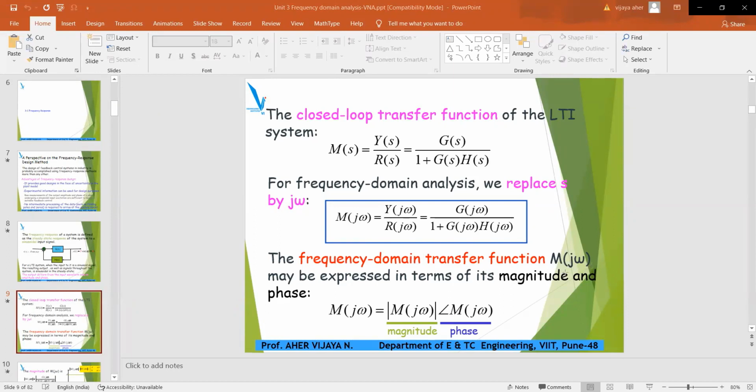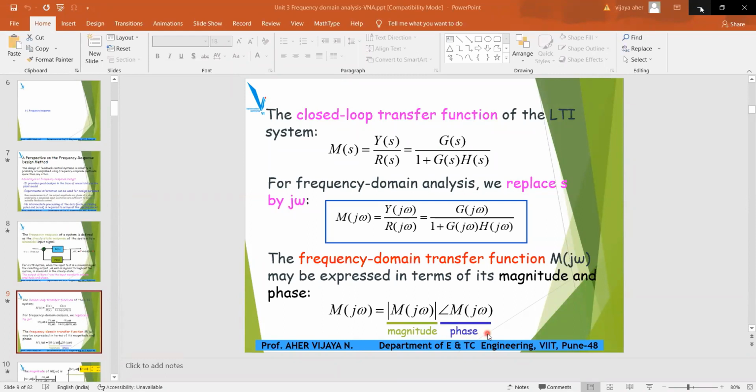We can express M of J omega as the mod of M of J omega into the angle of M of J omega. The mod of M of J omega is the magnitude of the frequency domain transfer function, whereas the angle of M of J omega is the phase of the frequency domain transfer function.